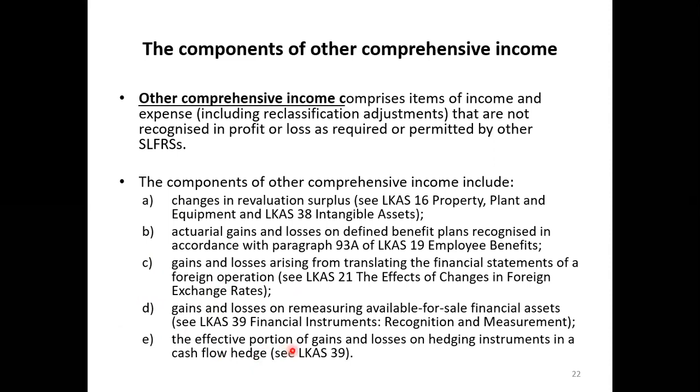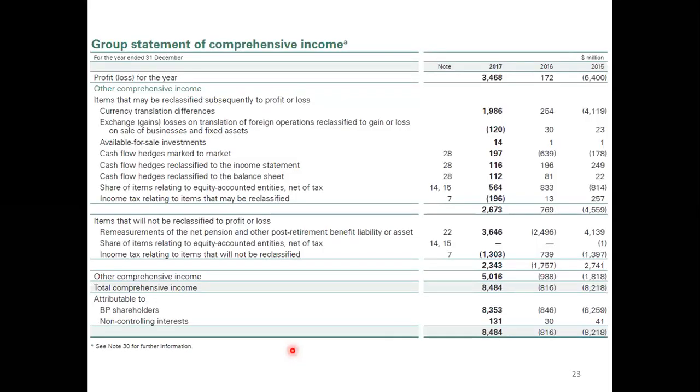The effective portion of gains and losses on hedging instruments in a cash flow hedge. You see here under other comprehensive income, you can find items that may be reclassified subsequently to profit or loss. Currency translation differences, LKAS 21, foreign currency translation.